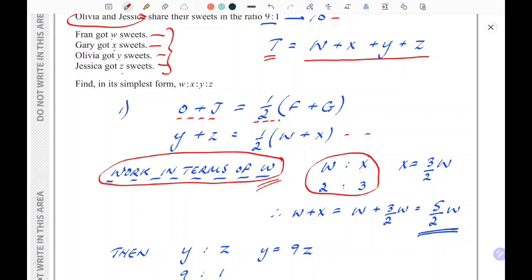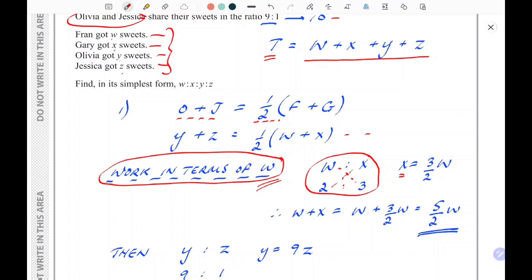And when you cross multiply that, you effectively get X equals 3 over 2 W. So Gary is getting 1.5 times whatever Fran has.